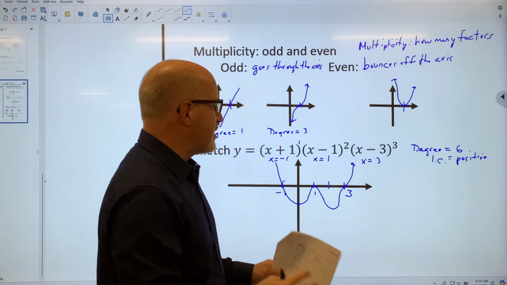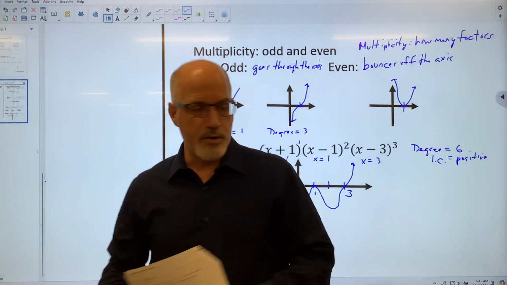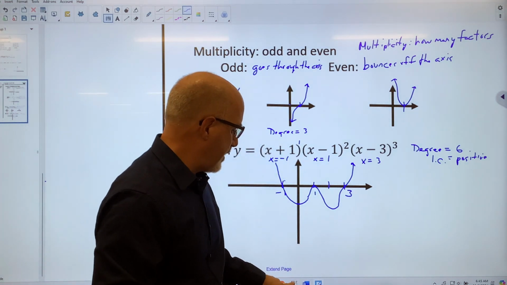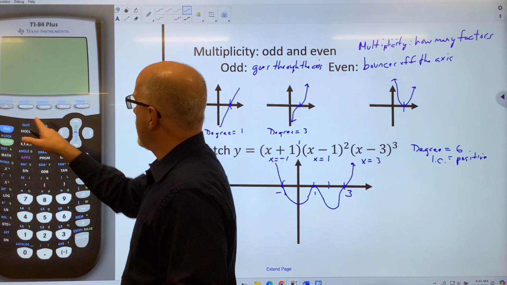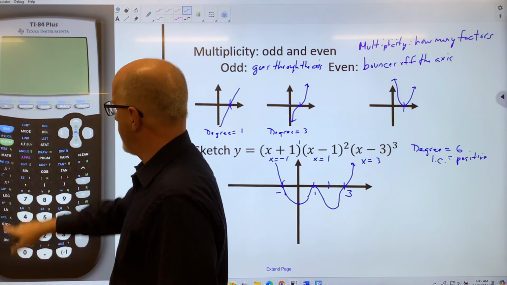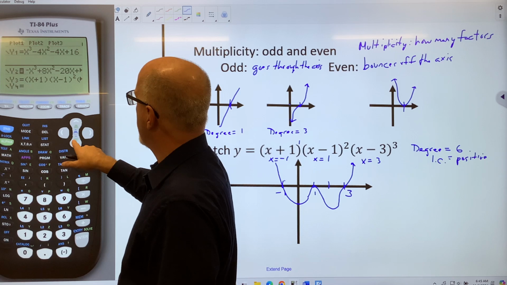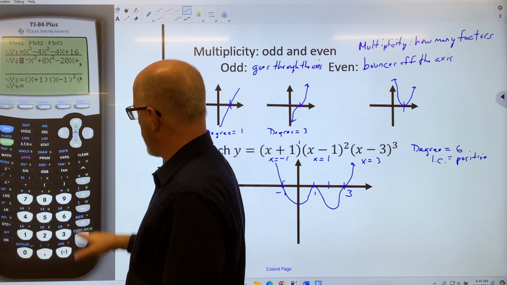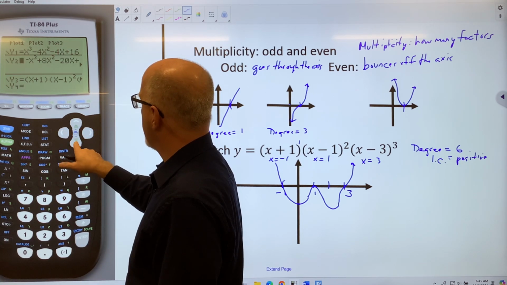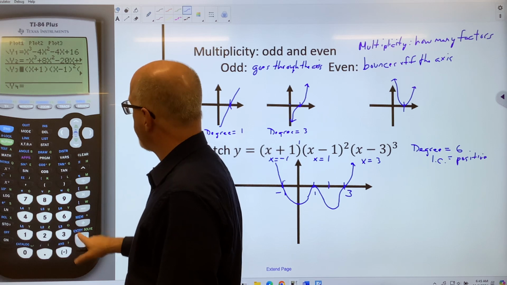So what we want is let's take a look at the graphing calculator now. On the graphing calculator, this one does go down quite a ways, so I'm going to go ahead and open up my Y values here. Let's turn on this one to see what the actual graph looks like. So I'm going to turn on this third one.